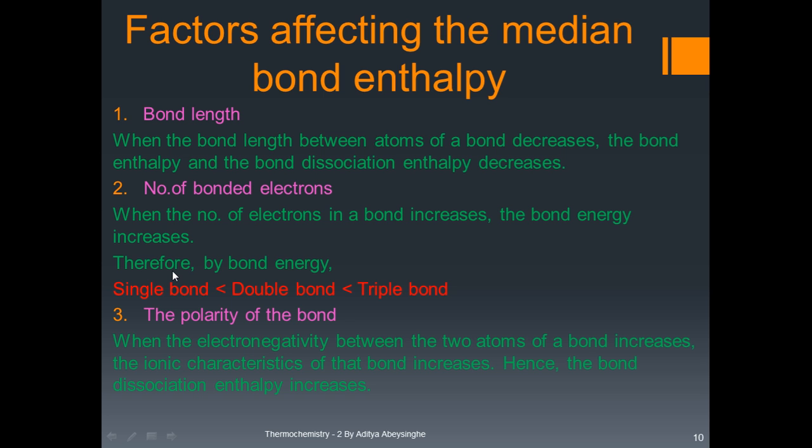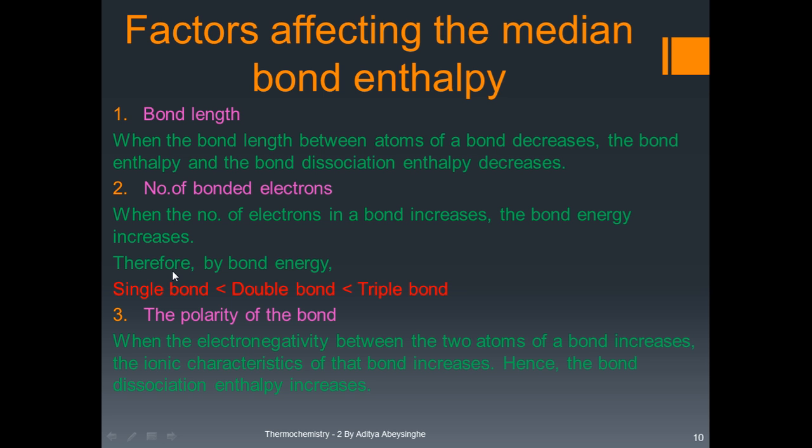Now you know that when the electronegativity difference between 2 atoms of a bond increases, the ionic characteristics of that bond increases. For example, take the NaCl bond and the CCl bond. CCl forms carbon tetrachloride, NaCl forms sodium chloride or common salt.